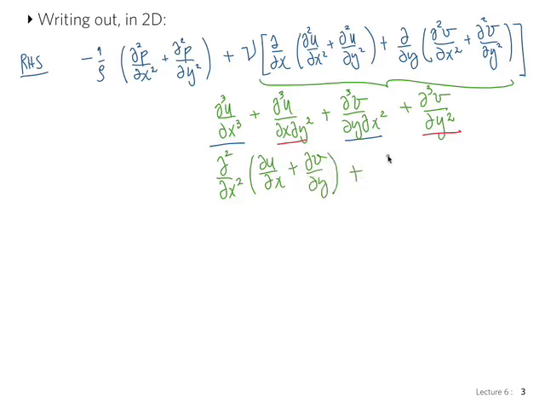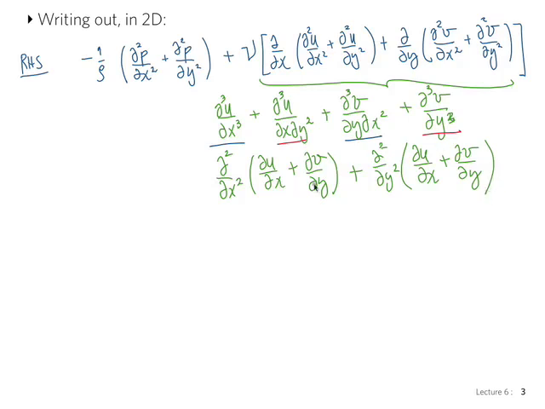Plus, and again here I can take out the second partial with respect to y, and I have again du dx and dv dy.